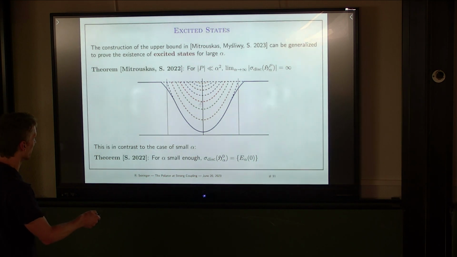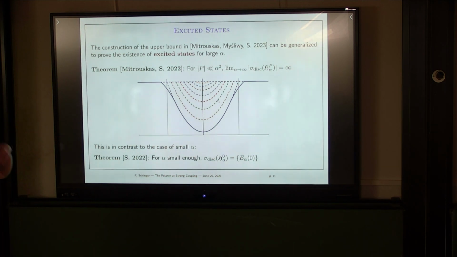In fact, the upper bounds that we get are also exact parabolas with the same curvature as the ground state curve.